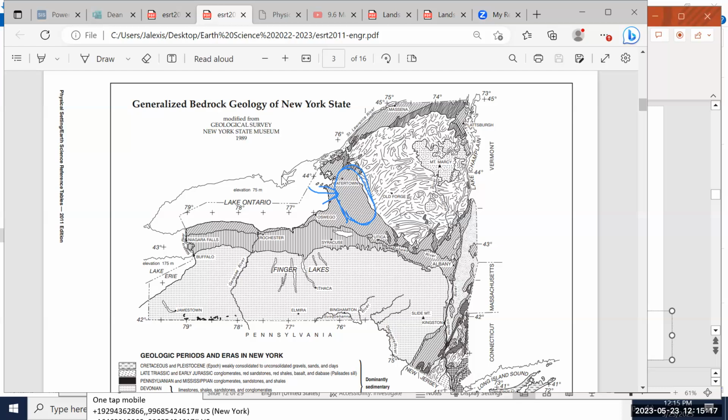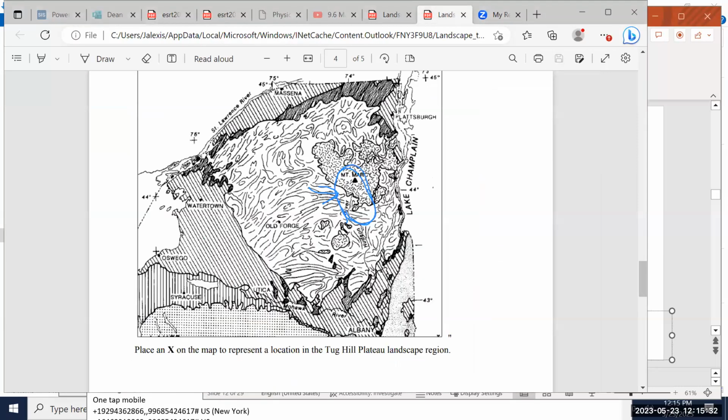The lines look slanted. So I know the Tug Hill Plateau is going to be in an area where the lines look slanted. So I'm going to place an X where the lines are slanted, because that's where the Tug Hill Plateau is. That is all for landscape questions.